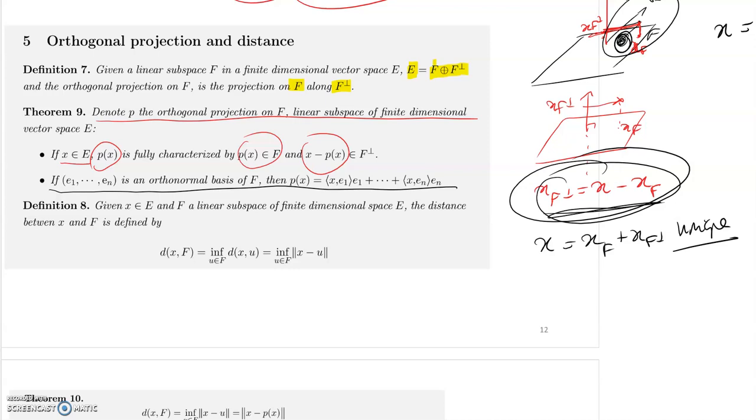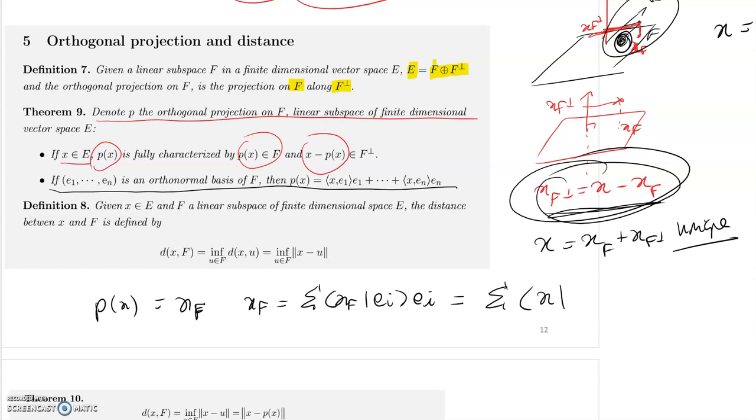This is something we showed in a previous proof: if P(x) is the X_F component, we know it's going to be the sum of the components times e_i, but we could show that, from the proof of the previous proposition, these components are also given by the scalar product of x with the e_i themselves, with i equals 1 to n.